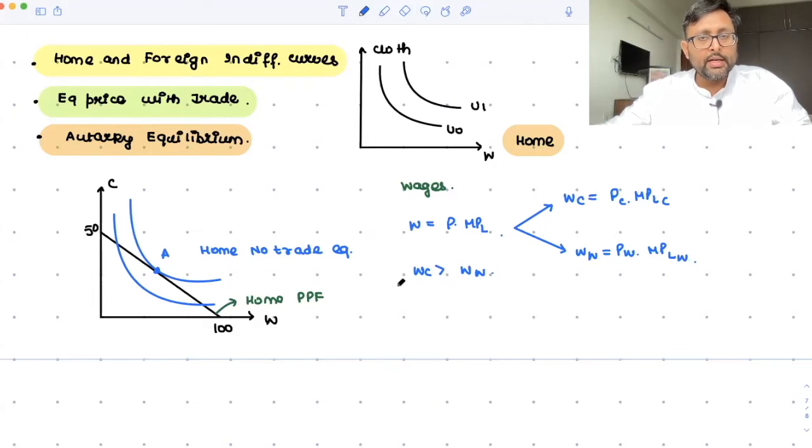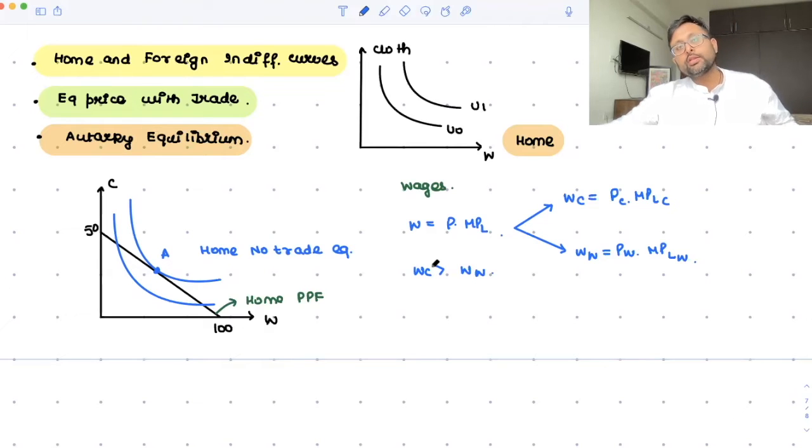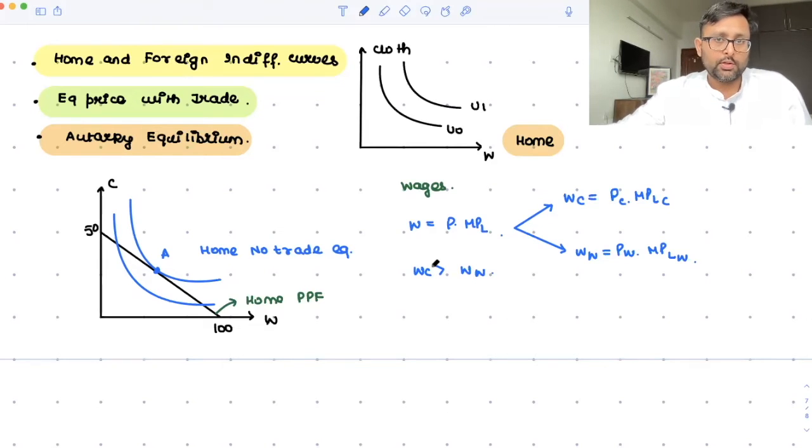We have assumed that labor is perfectly mobile, so labor is going to move from the wheat industry towards the cloth industry. We have also assumed that both industries, the cloth industry and the wheat industry, are hiring the same type of workers, aren't they?